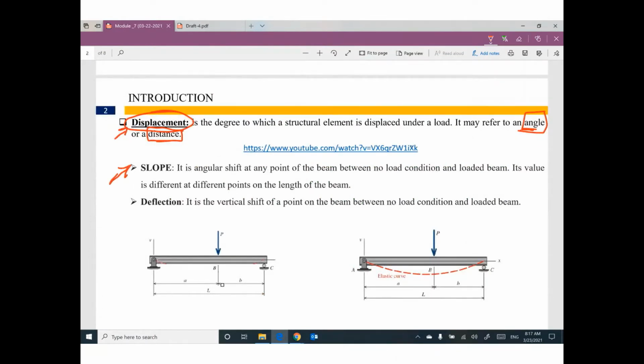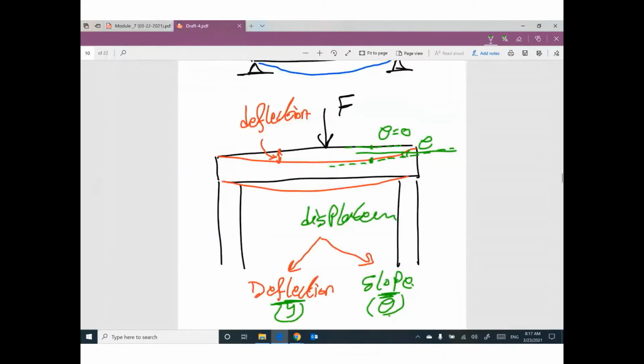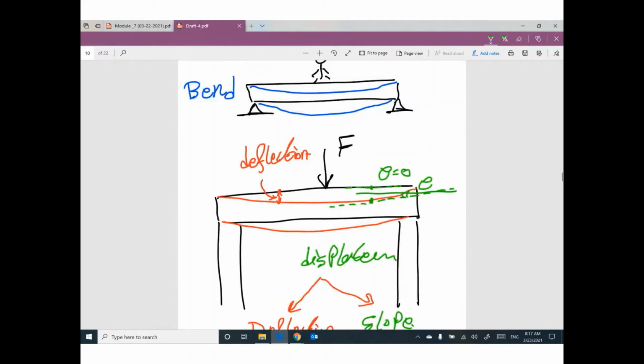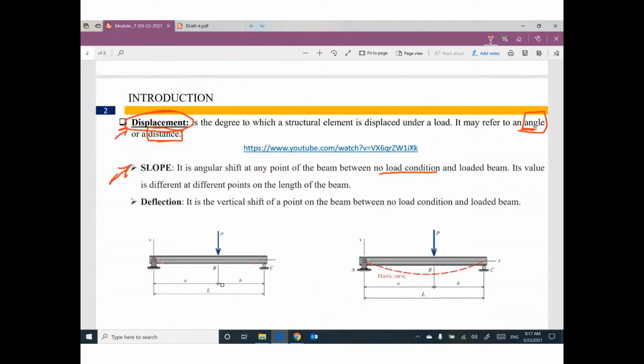So guys, displacement can be divided into slope. It is the angular shift at any point of the beam between the no load condition, before deformation, when the beam is a straight line, and the loaded beam, after you apply a load, when we have a new position.